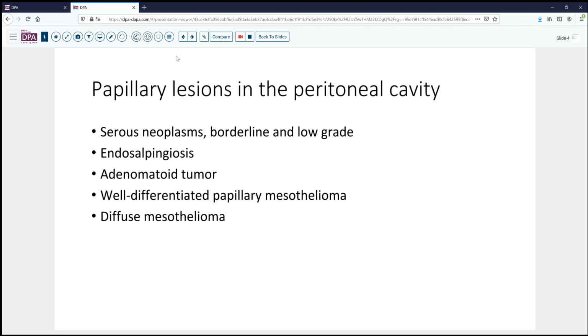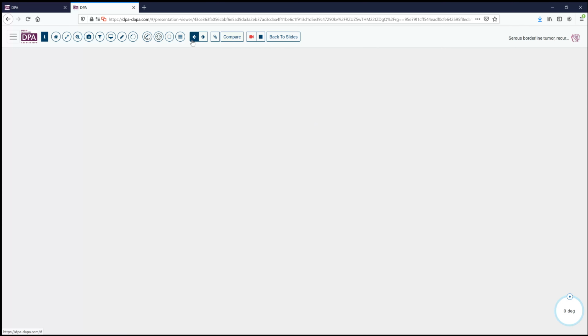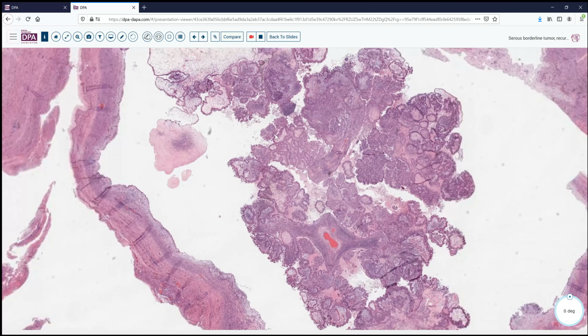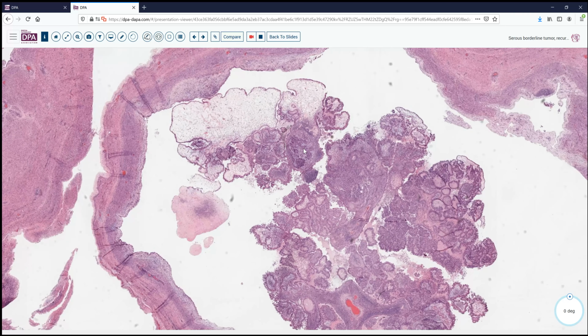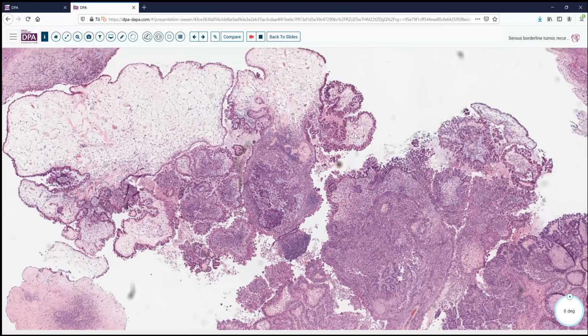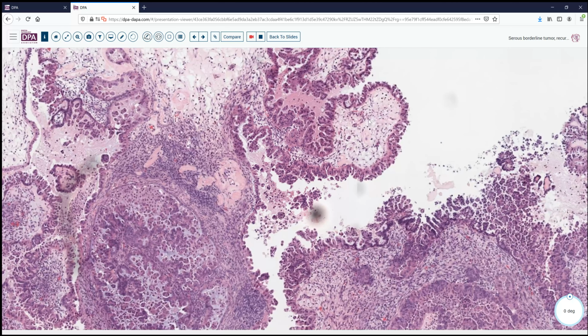For comparison, though, let's look at a couple of other papillary lesions and see how they might compare. So this is obviously an intracystic papillary lesion, and it's been classified as a borderline tumor. We have a nice striking degree of secondary branching. We have the myxoid stroma, but notice we also have other features, and notice the degree of atypia here.